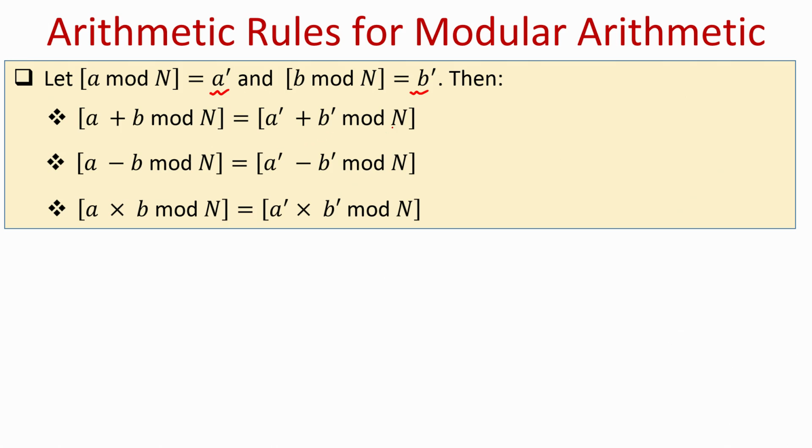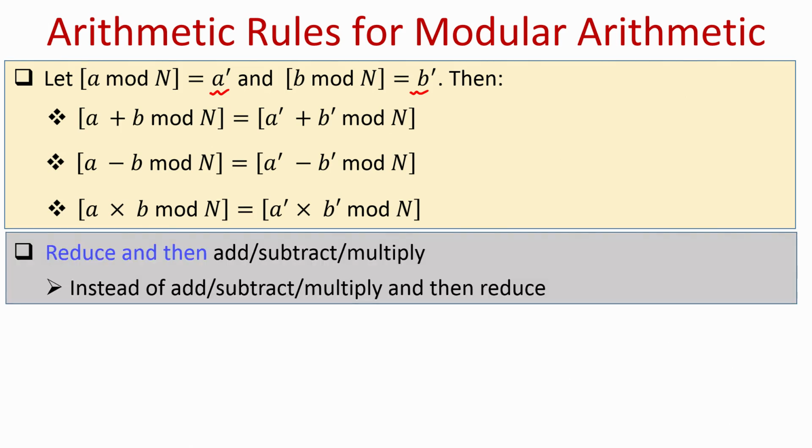The same is true for subtraction as well as multiplication. So, the way you can interpret these rules is that you can first do the reduction modulo the modulus n, and then perform the addition, subtraction, multiplication operation, instead of adding or subtracting or multiplying and then doing the reduction modulo n.